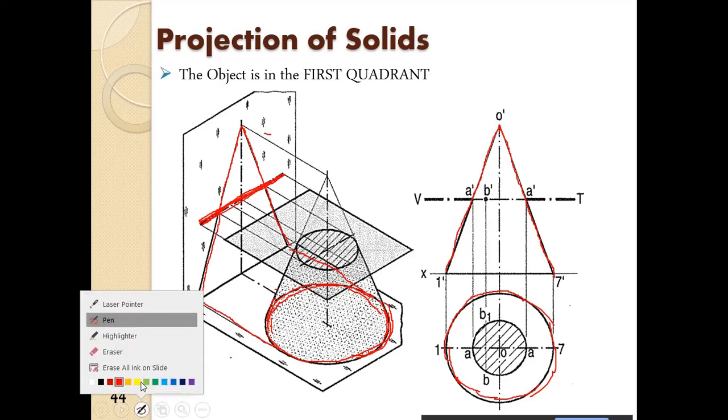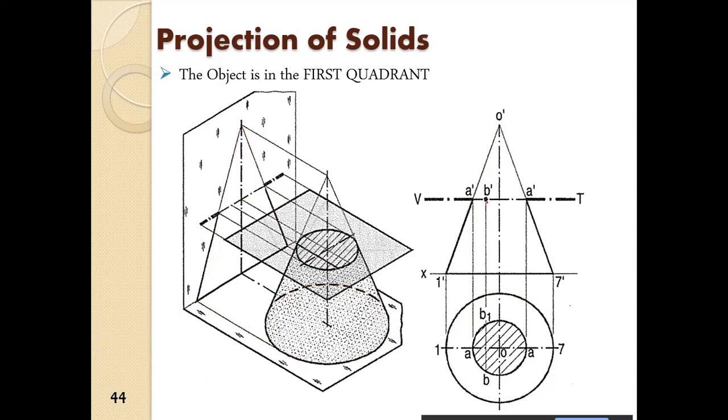Now once you get the intersection line, this is the intersection line over here. This point you can project directly onto the diameter, and this point you can also project directly onto the diameter, and similarly this will be the diameter of the circle, and ultimately it will be a circle.